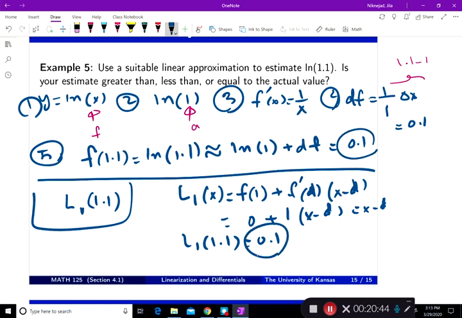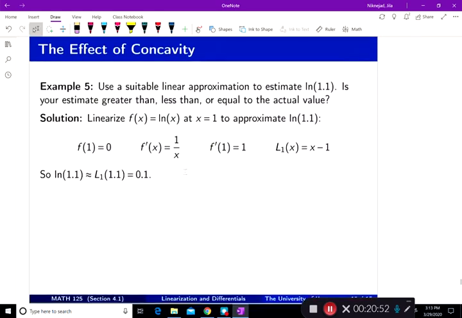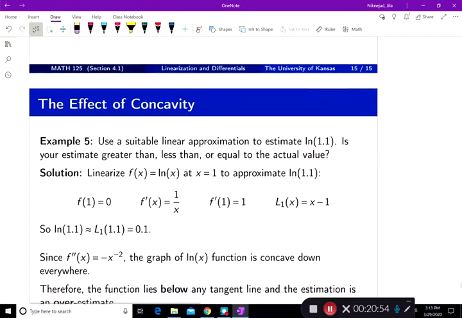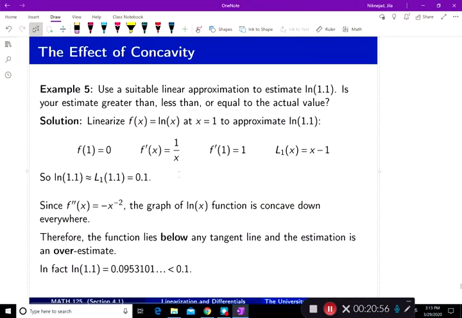Now that we found an approximation, let's figure out whether this approximation is an overestimate or an underestimate. To find that, you have to use your second derivative, and the second derivative is going to be negative x to the power negative 2. The first derivative is this; take another derivative of it, you get that.